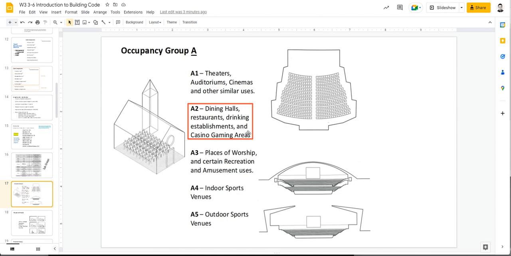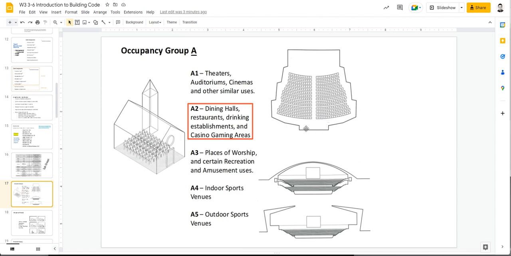So group A, which means assembly, is basically for the type of buildings whose primary use is to get a crowd of people inside, for eating, drinking, maybe a concert hall or a theater. And the reason why you have this assembly group is you need to know how many exits you need to provide if you're going to have a crowd of people inside a room.